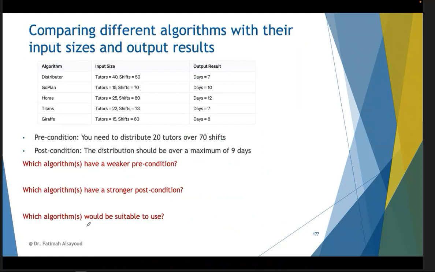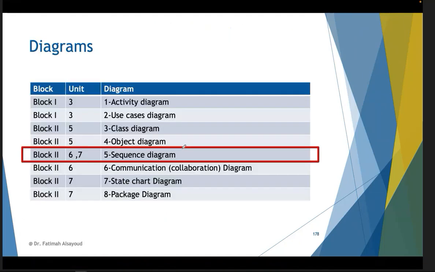This is another example of comparing different algorithms with preconditions, but here we have two parts of the precondition: input data asking for 20 tutors for 70 shifts. You need to consider both of them when thinking about the pre or postcondition.